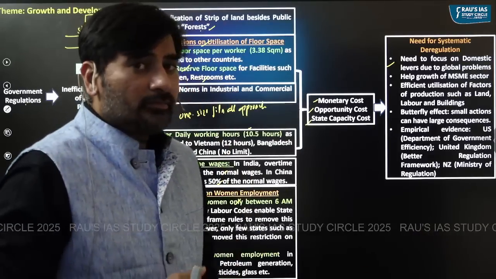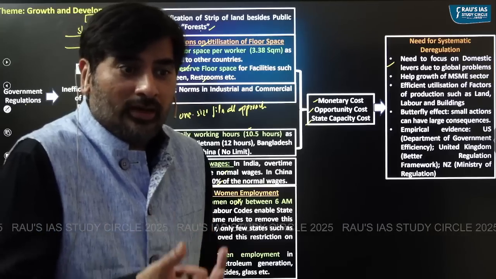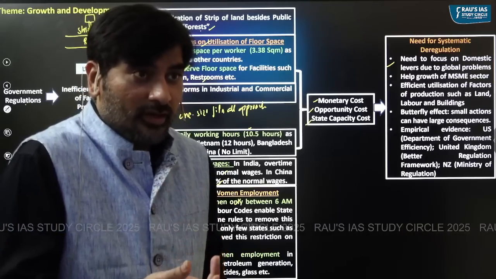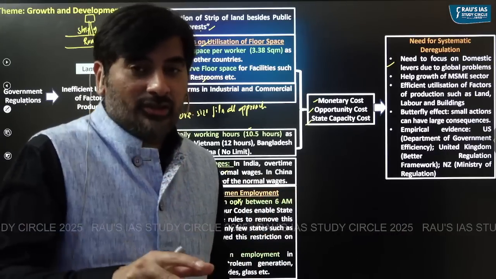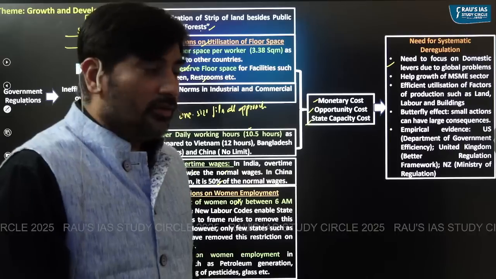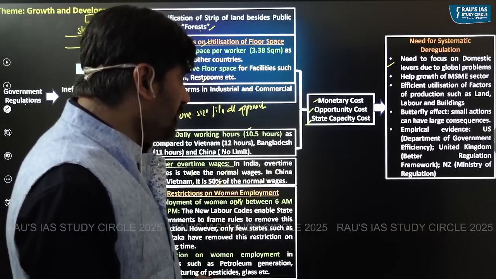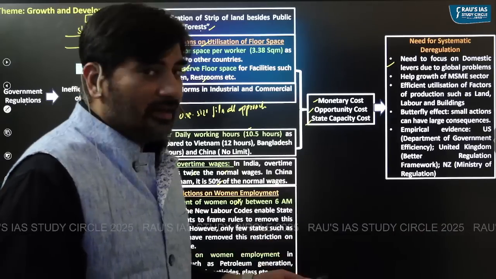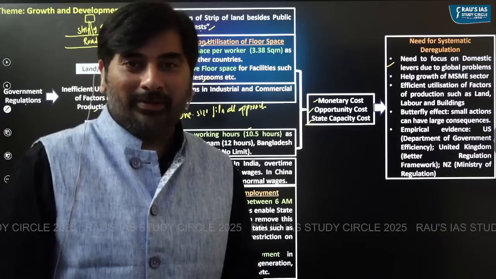Second, like I said, it might be easier for the bigger industries to comply with these rules and regulations, but difficult for MSMEs. It imposes a substantial burden on MSMEs with respect to rules and regulations. It will lead to efficient utilization of factors of production. And remember the term which I used, butterfly effect, multiplier effect.